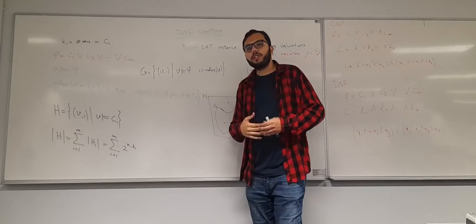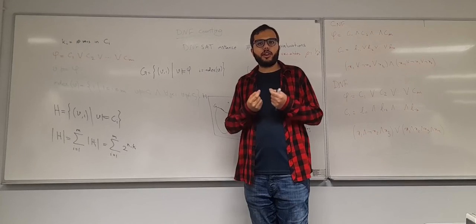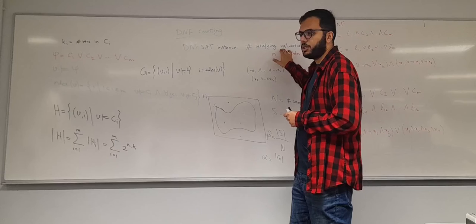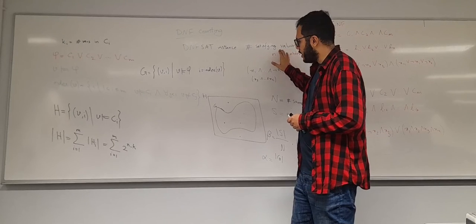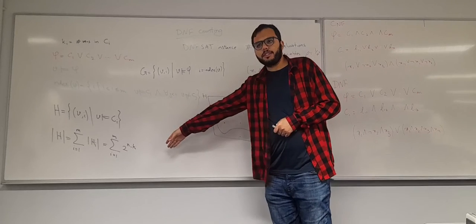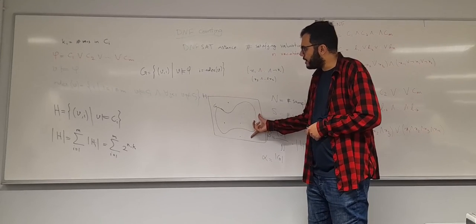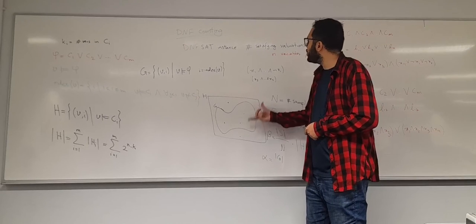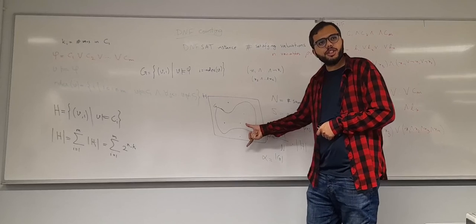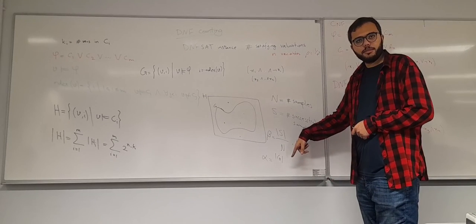Well, what did I want to count? I wanted to count the number of satisfying valuations. So I have this set H, and I know its size. Now I want to have another set G inside here, but I want the size of G to actually be the number of satisfying valuations, because the size of G is what I can approximate using this whole algorithm.